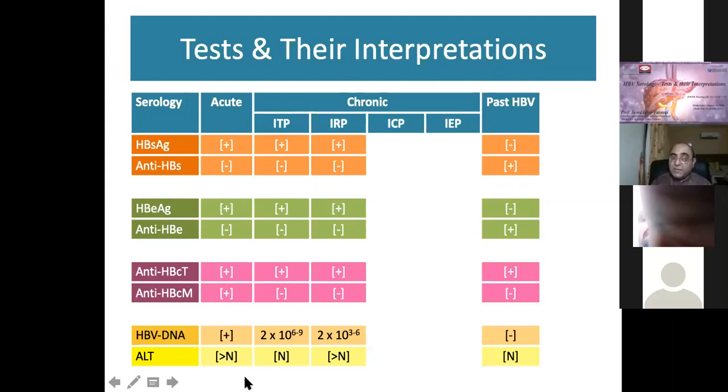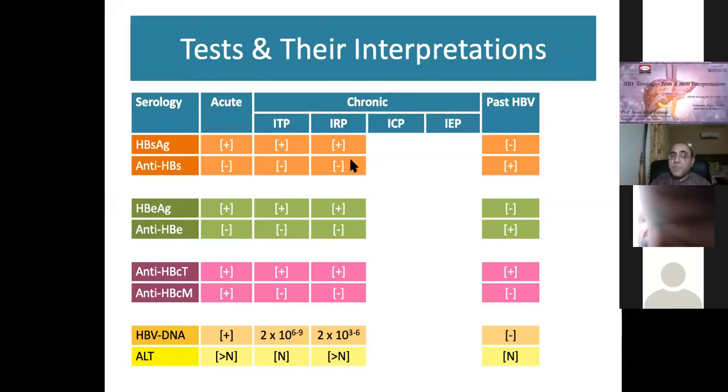Because the immunity is attacking hepatocytes, there is liver damage, and ALT is raised. So the only difference between these 2 phases is that the ALT is raised here, while it is normal in the immune tolerant phase, and the viral load, which is very, very high there, is decreasing now because the immunity is controlling the HBV infection.